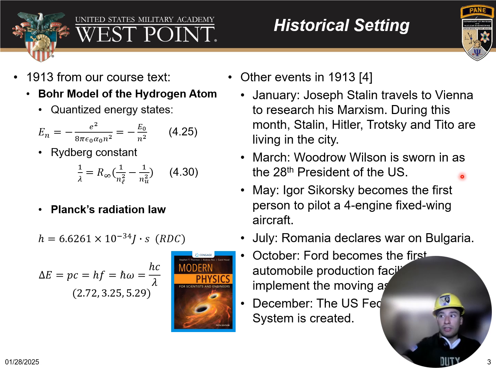In May, Igor Sikorsky became the first person to pilot a four-engine fixed-wing aircraft. In July, Romania declared war on Bulgaria, and in October, Ford became the first automobile production facility to implement the moving assembly line. We know it was due to the automobile that they were developing that it would be mass produced in the United States. And in December, the US Federal Reserve System was created.